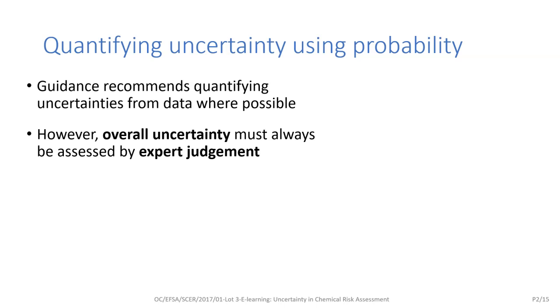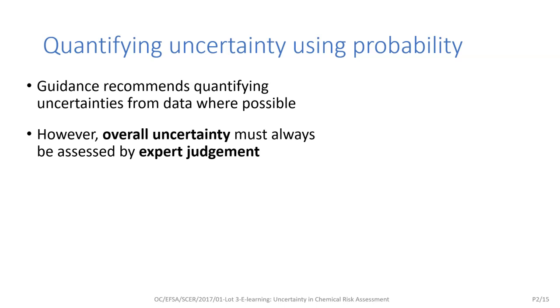For example, statistical analysis can give you a confidence interval for a mean concentration or a benchmark dose, but this only quantifies those uncertainties that cause variation in the data, such as sampling variation. It does not take account of uncertainties about the reliability of the data, their relevance to your assessment, or the assumptions involved in the statistical analysis. Assessing those always requires expert judgment.